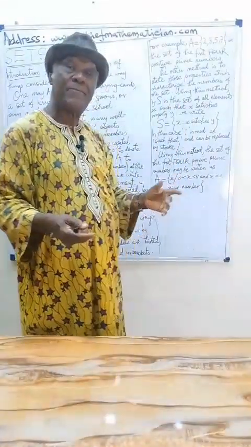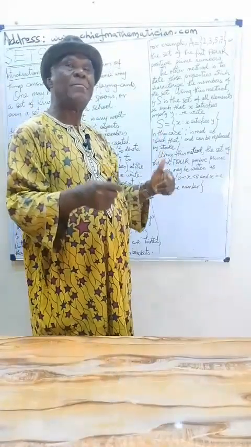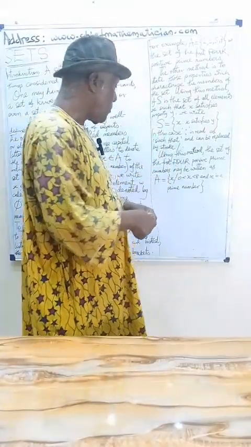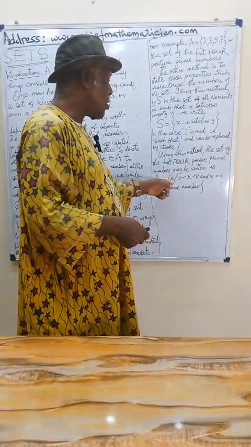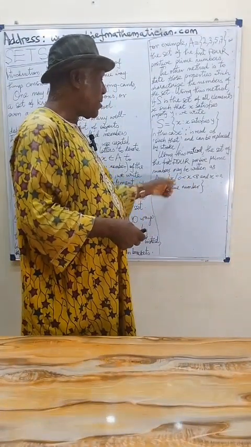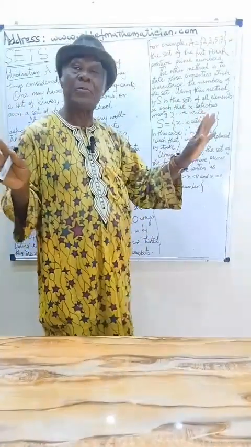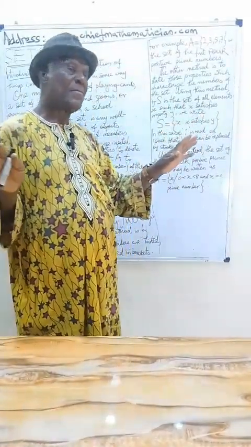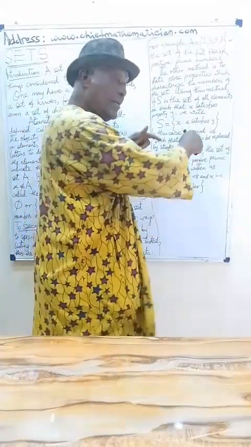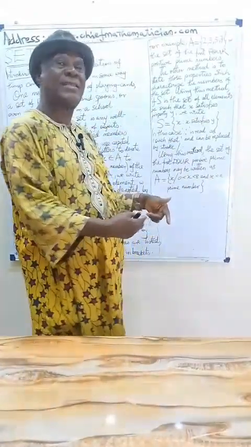That's why we call them the first four prime numbers. So X is such that X is greater than 0 but less than 8, and X is a prime number. That explains everything very clearly. So that will give you the elements of that set.